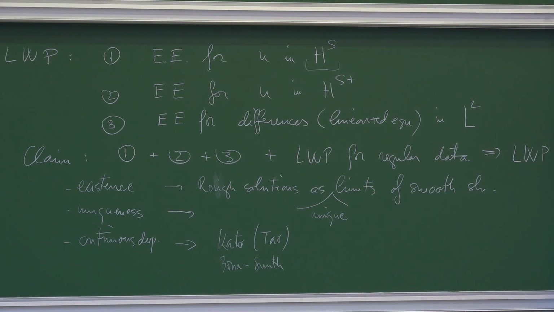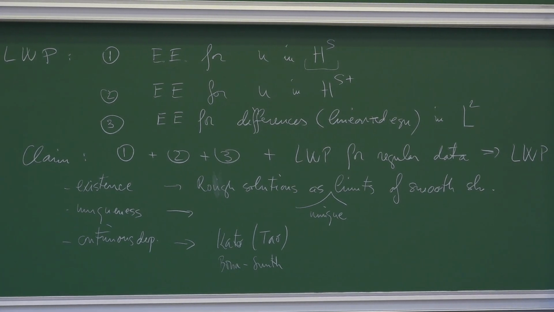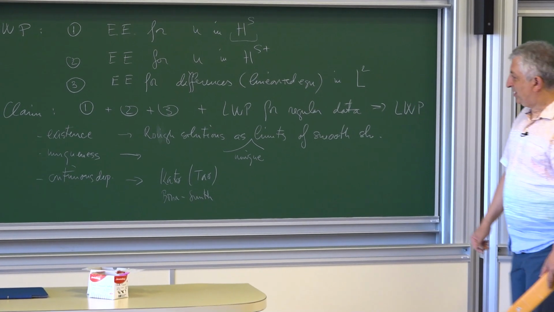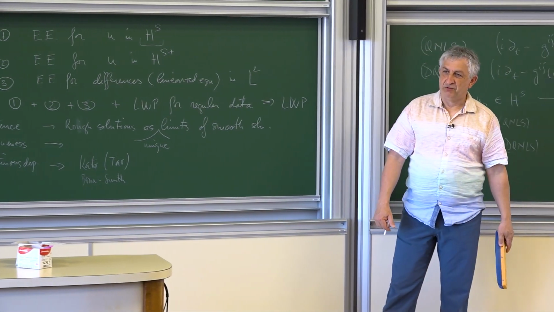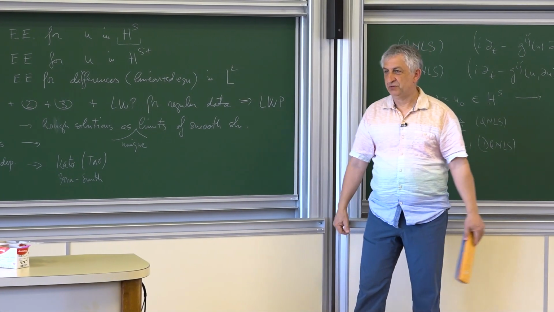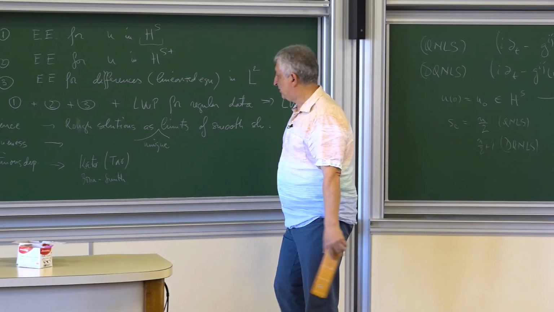So maybe that's not the best source for continuous dependence. And then we have the more modern way that we have been using in the last, I don't know, 10, 20 years for local well-posedness. Together with Mihaela, we had this summer school maybe 4 or 5 years ago, so we wrote a set of notes explaining how this should go.